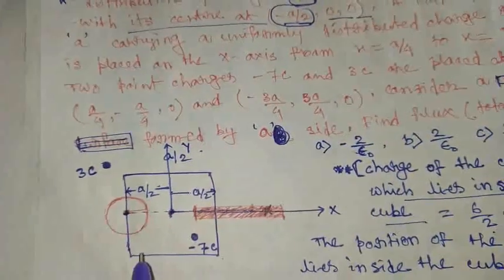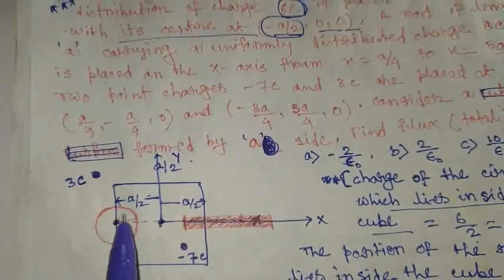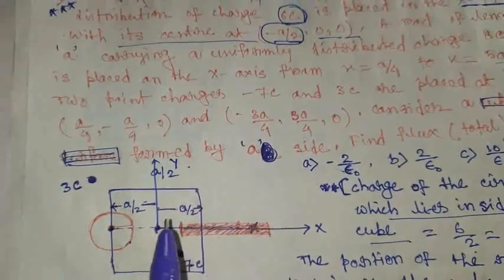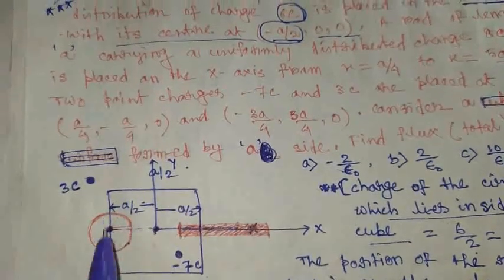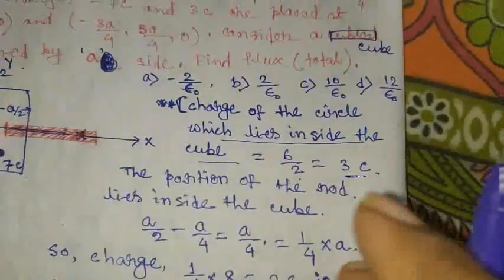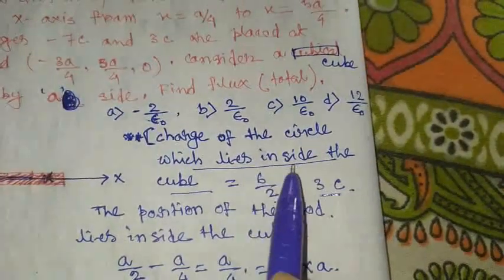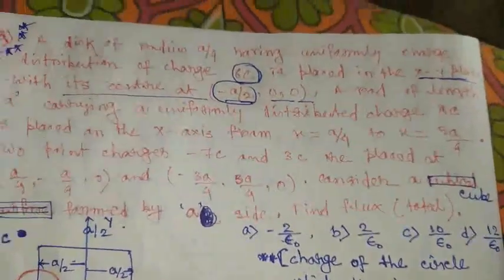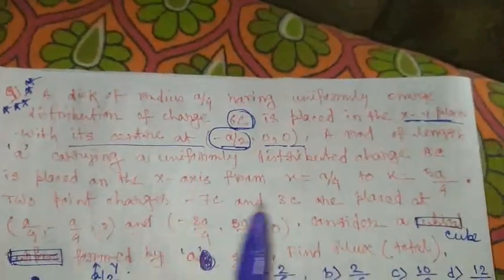Half the portion lies inside, so half the charge also lies inside this cubical surface. That means the charge due to this disk inside is 3 coulomb. Now moving to the case of the rod.